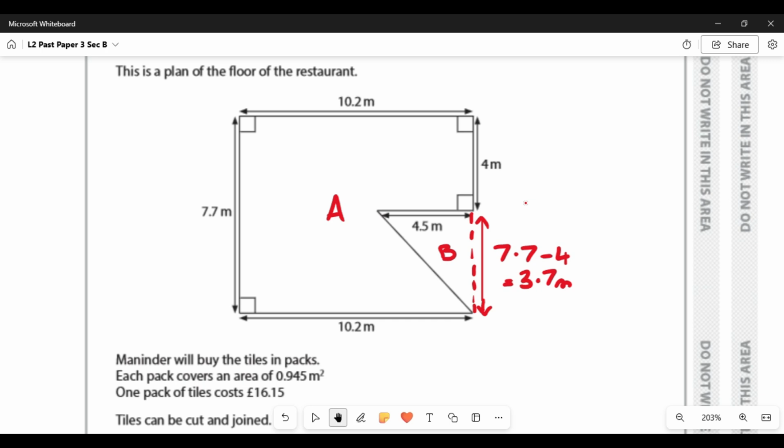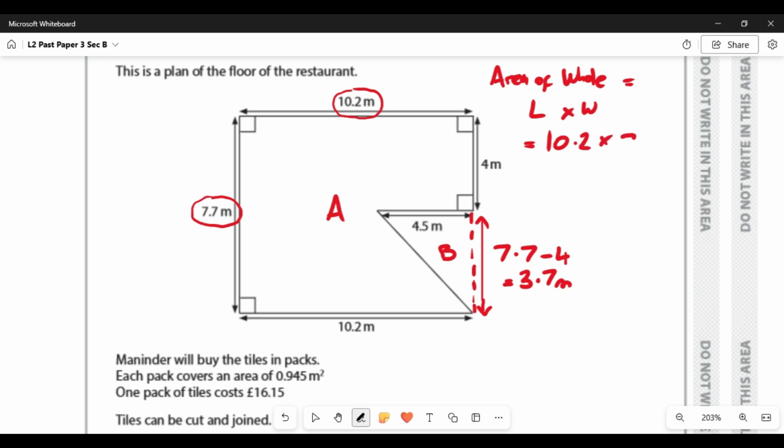Okay, let's work out the whole shape first. So I'm going to need the two big measurements here, which are 10.2 meters and 7.7. So these two, that's your length, and that's the width of the whole rectangle if it was a complete rectangle. So let me do that on the side here. Area of whole, obviously that's length times width, which is 10.2 times 7.7.